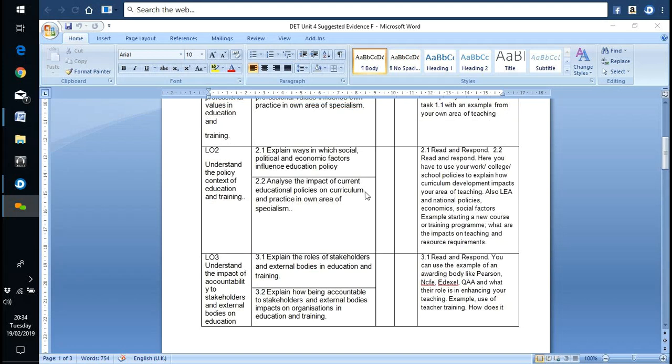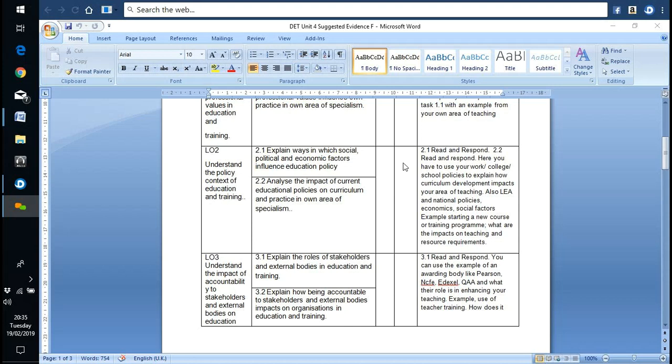And LO2 is looking at the policy context of education and training to explain ways in which social, political, economic factors influence educational policy, and then analyse the impact of current educational policies on curriculum and practice in your own area of specialism.